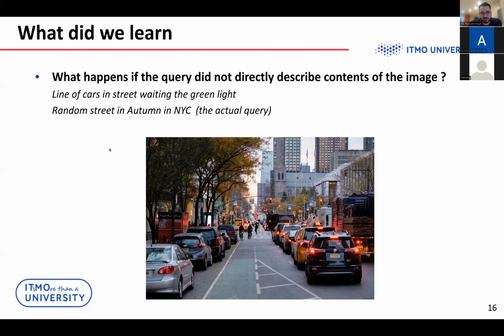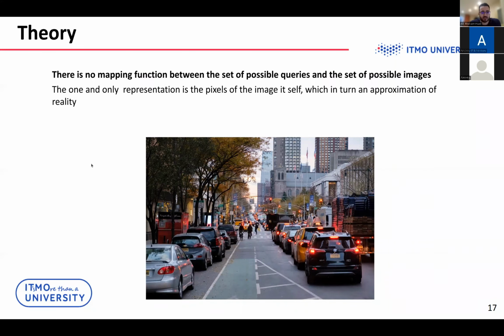So as you can see, sometimes we want to write a query that does not necessarily describe what we will see in the image, but it does describe some semantic relationship between these objects, or maybe something that comes from the vibes of the image. So that would be our theory. Let's say that there is no precise mapping between the set of all possible queries and the set of all possible images.